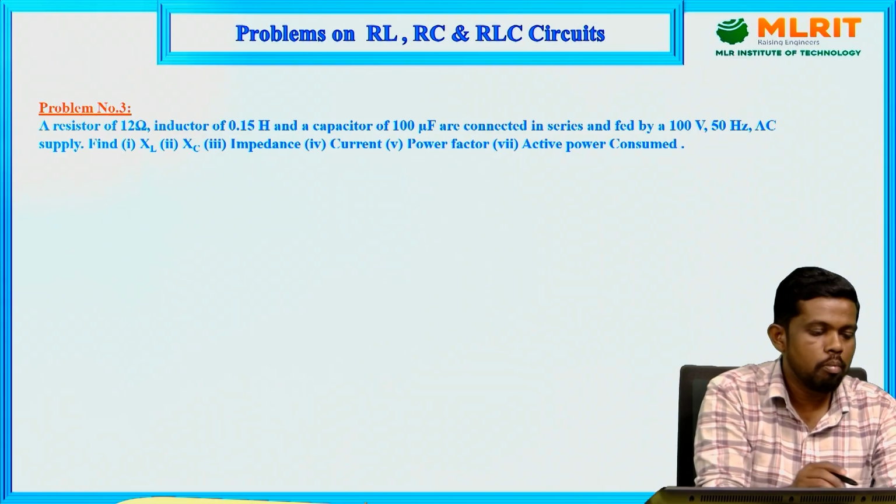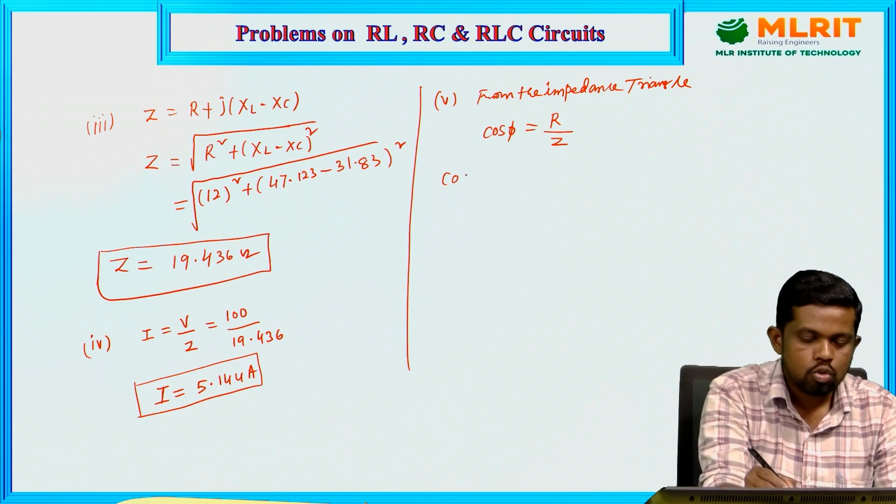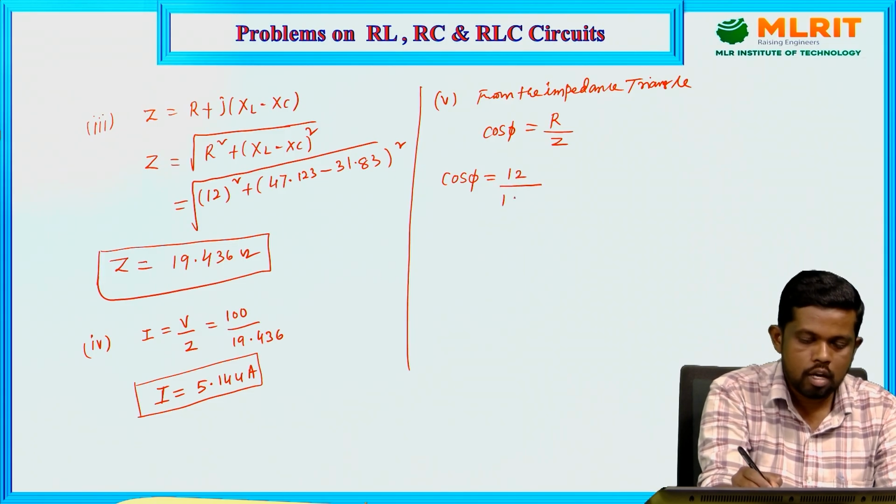The resistance value mentioned in the question is 12. The impedance we just got is 19 point something. So cos phi equals 12 upon 19.436.